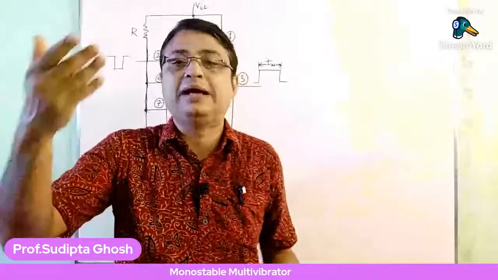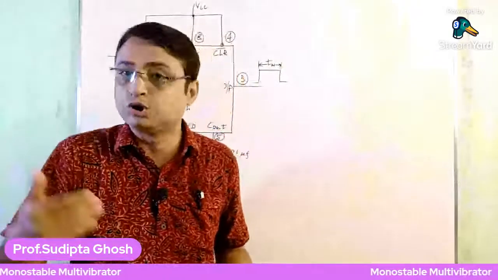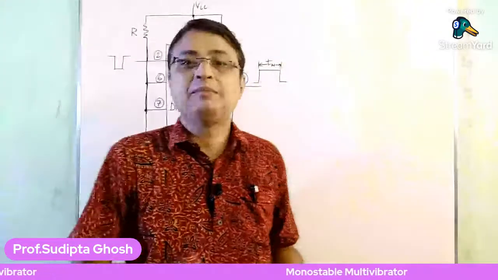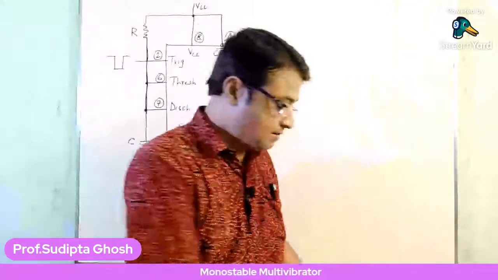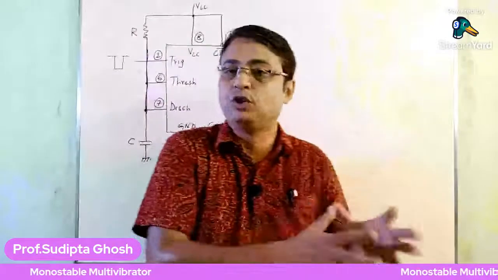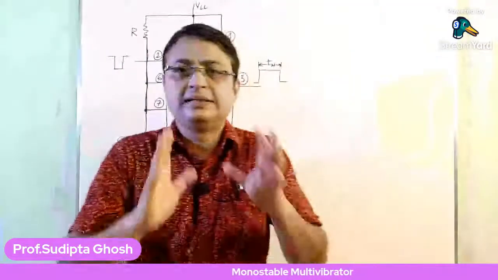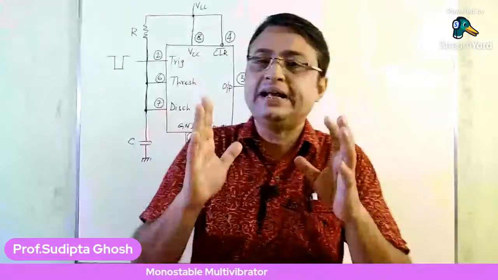Actually that will make the Q bar of the SR flip-flop output go low. Again, I am recalling the entire part. Now we have applied a trigger voltage, that is a negative going pulse. Remember, it is a negative going pulse.